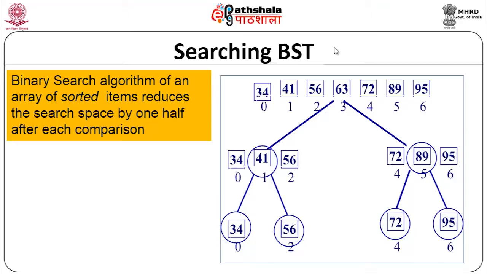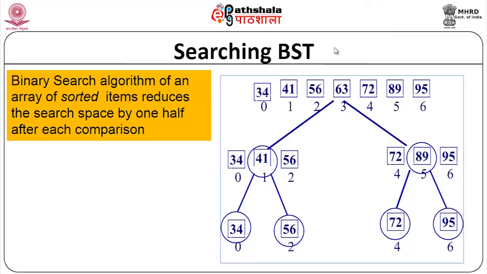All the nodes to the left of 63, that is 34, 41, 56, will come to the left, and 72, 89, 95 will come to the right. Now, in 34, 41, 56, 34 will come to the left and 56 will come to the right. In 72, 89, 95, 72 will come to the left and 95 will come to the right. That is what we are trying to say.